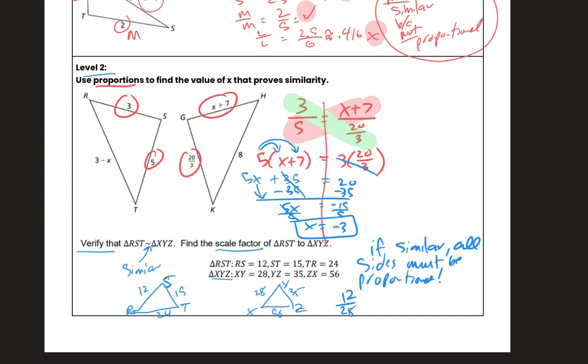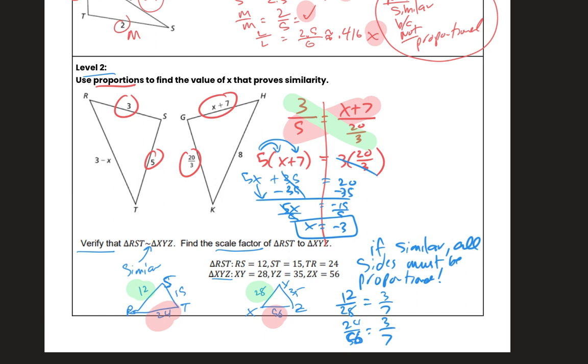So 12 over 28, if we reduce that, that would be equal to 3/7. Okay? Then we would also try what? 24 over 56. So 24 over 56, okay, that also reduces into 3/7.